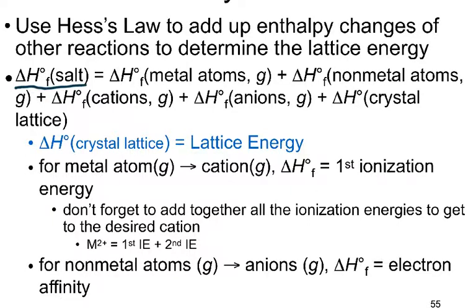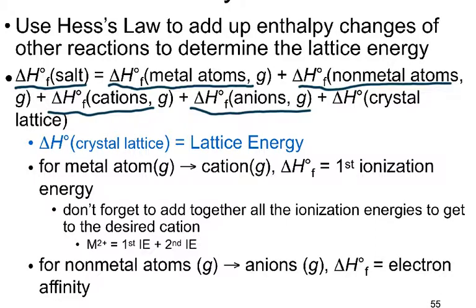We can find the delta H of formation of putting the metal ions into the gas phase, the delta H of formation of bringing any nonmetal atoms to the gas phase, the delta H of formation of the cations, which is going to be your ionization energy, plus the delta H of formation of the anions, your electron affinity, plus the delta H of your crystal lattice will be equal to your delta H of formation of your salt, so you can back calculate this lattice energy.